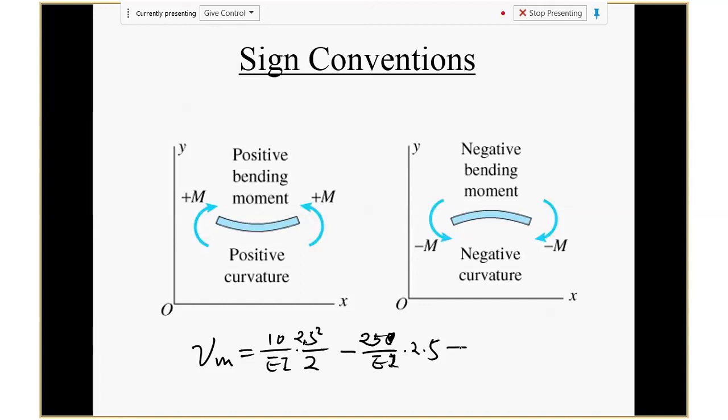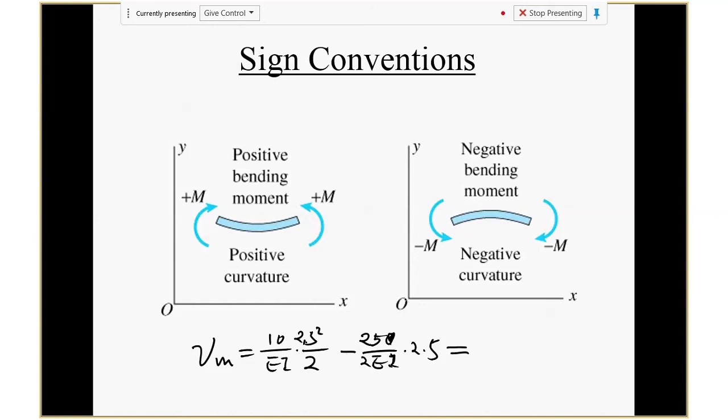Anyone can simplify this one? How many EI there? Anyone got a calculator? Or we can just simplify it. I don't have a calculator here, so let me see if I can simplify it.